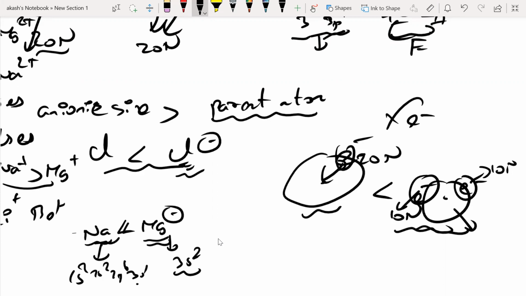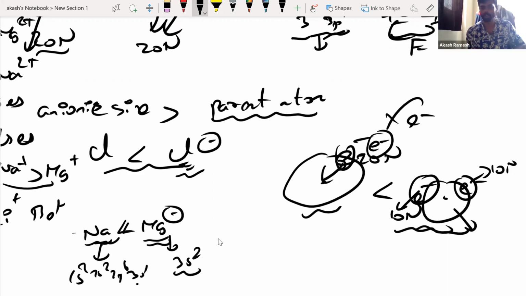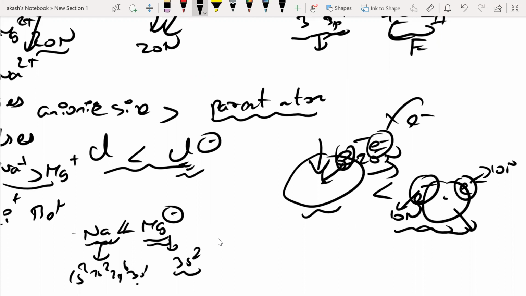When you talk with respect to electron, only the direction will change. If you say the electron is pulling the proton towards itself, the force is like this. When I say the electron is getting pulled towards the proton, the force is like this, but the magnitude is exactly the same. Only the direction changes.